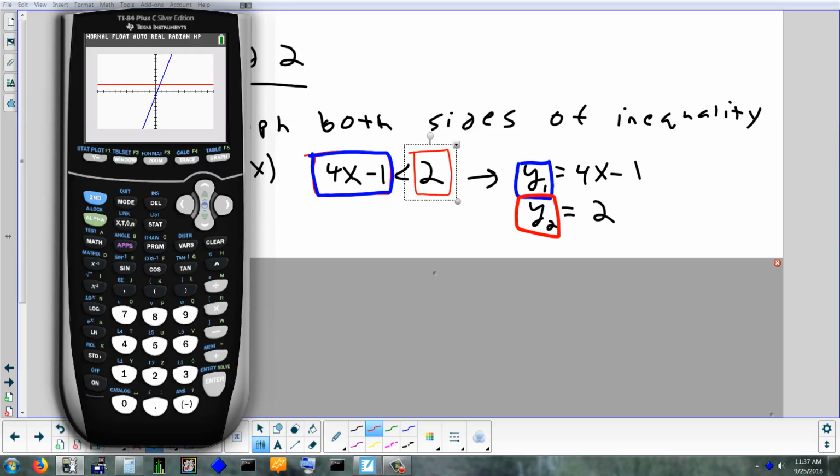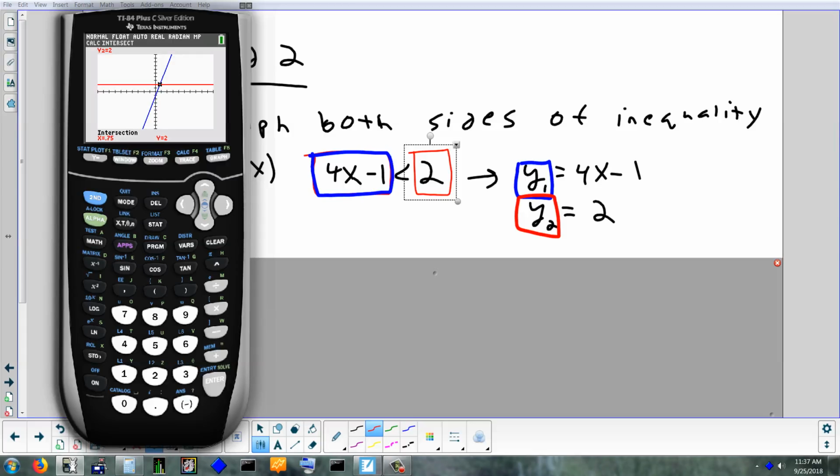So what do you think I have to calculate here? I'm not going to calculate a root. Yeah? Intersection. I'm going to calculate an intersection. Second calc, intersect. Pick a point on the blue, the red, do your guess. It says that they intersect when x is 0.75.